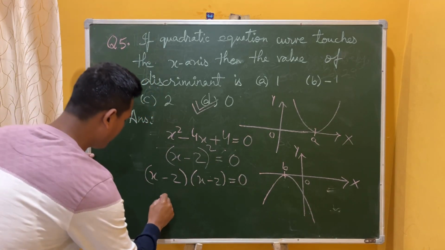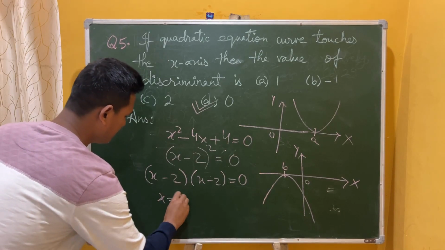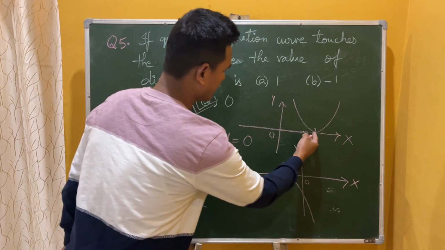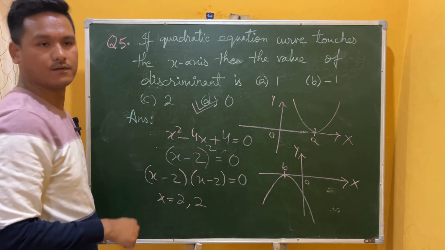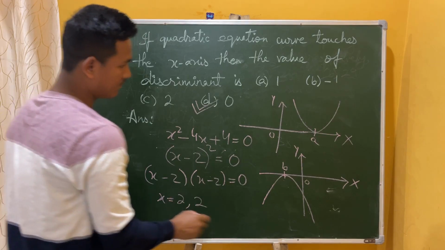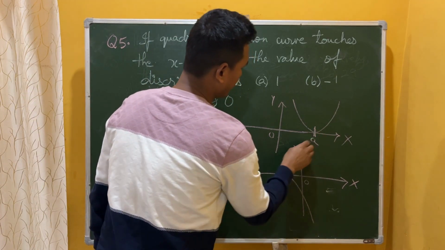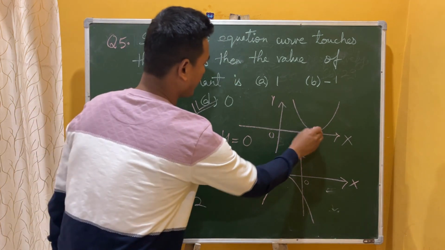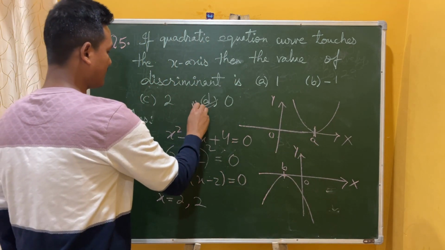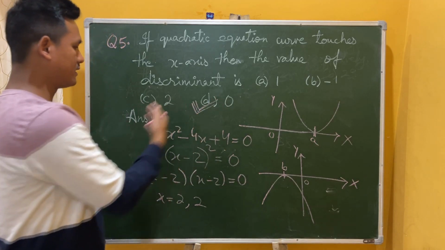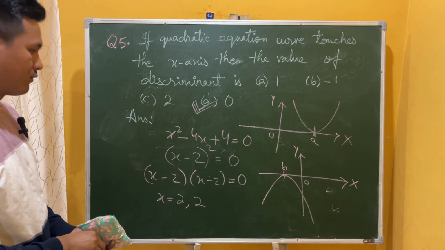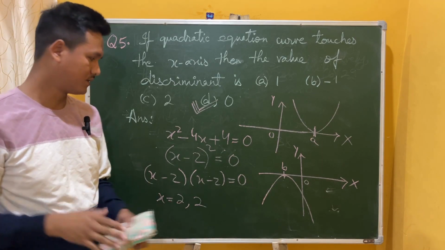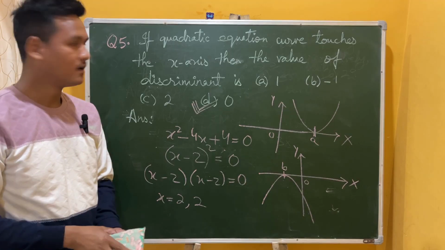This is also a case where the zeros of the polynomial are equal. So although you have two roots, they are equal, which means the curve is just touching the x-axis at one point. In that scenario, the discriminant is 0. When we have two equal roots, the discriminant is 0. That we learn from the nature of roots, isn't it?